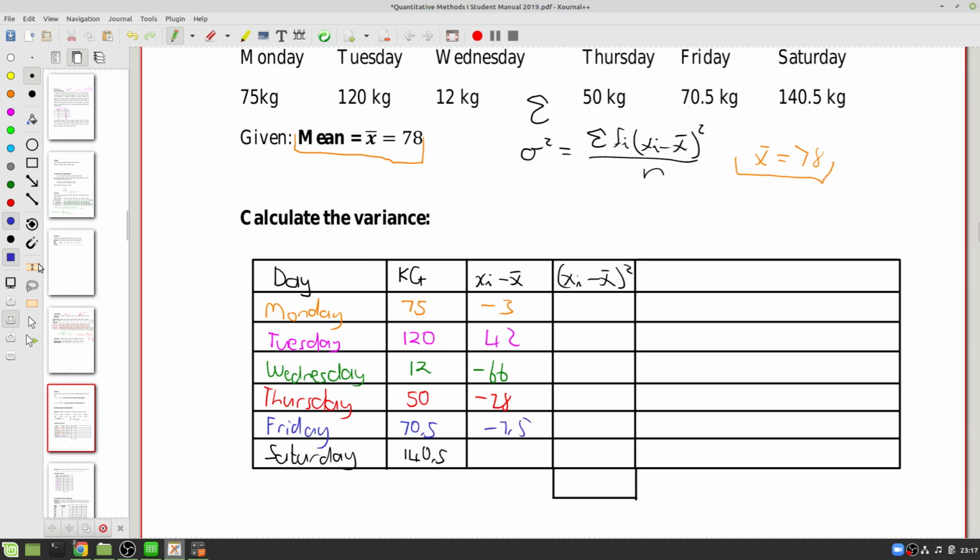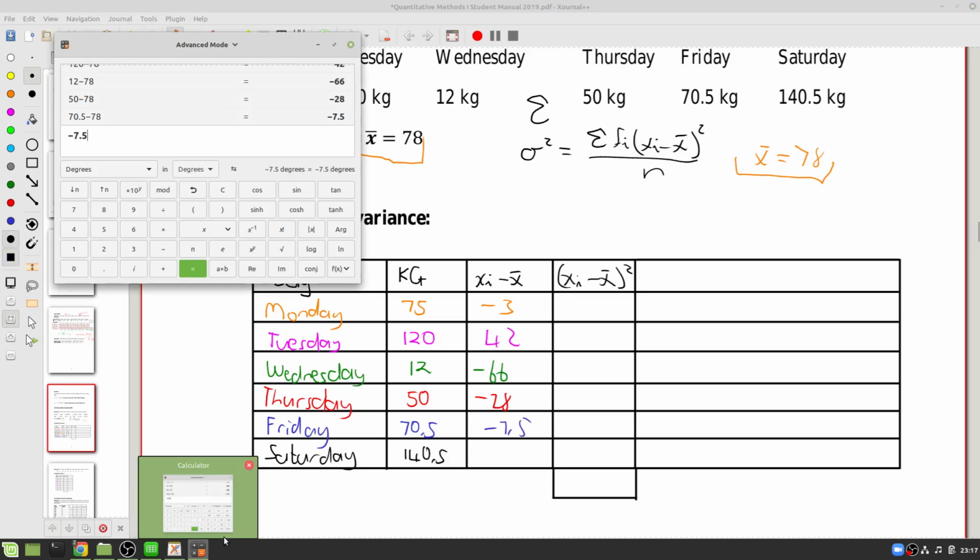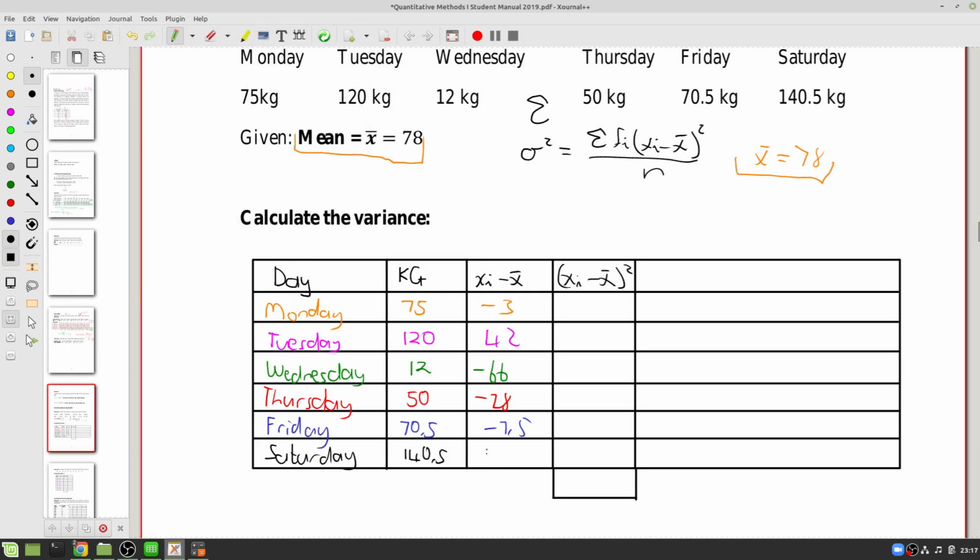And the last one here is 140.5 minus 78, and that's 62.5.